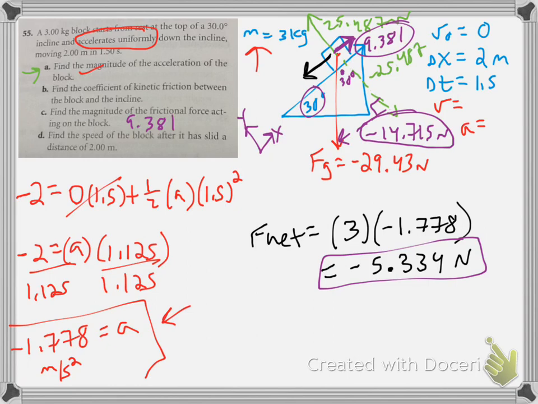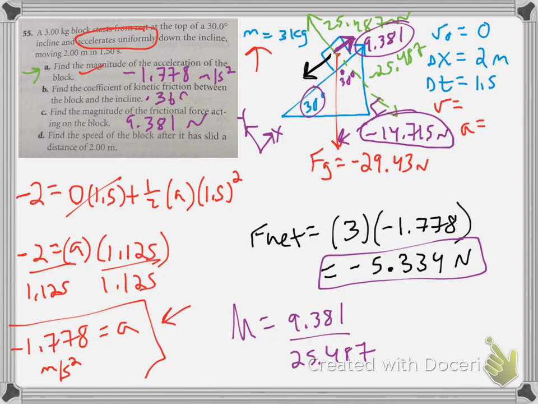Now that I know my normal force and my force of friction, the coefficient of friction is my force due to friction divided by my normal force. And so when you do that, you get 0.368. And remember, it's a coefficient, so it's unitless.